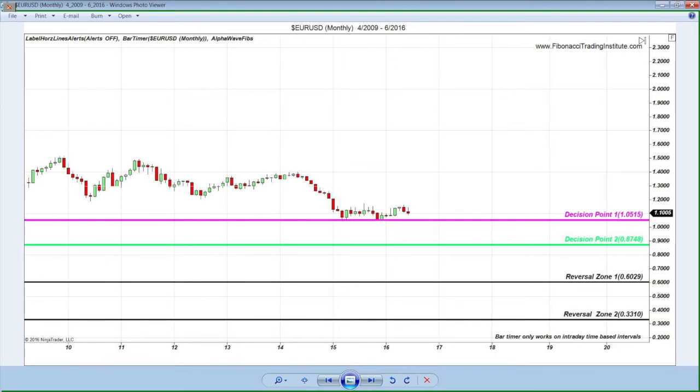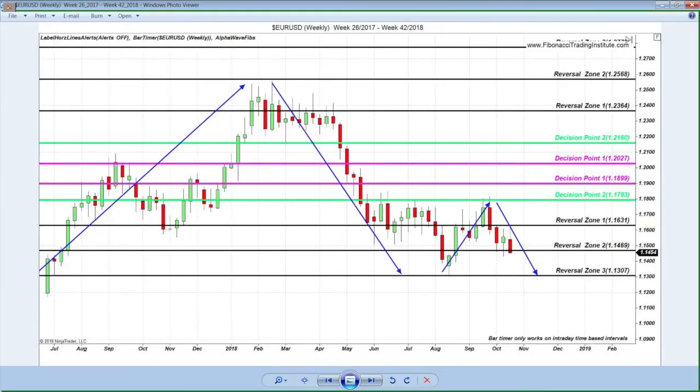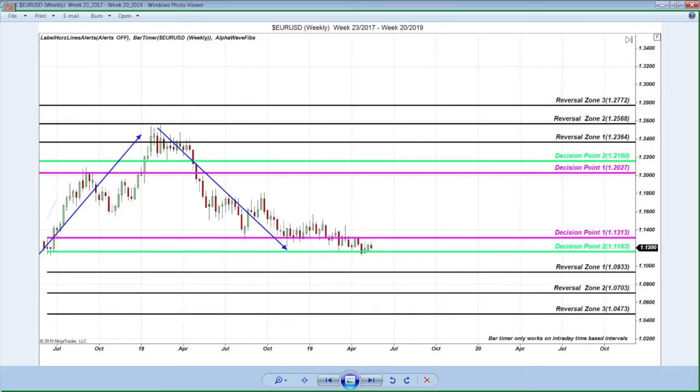Key support, reaching again the Fibonacci reversal zone in 2018. This is euro for the last year. This is euro today. Shock or not. 111 will be the lifeline on euro.